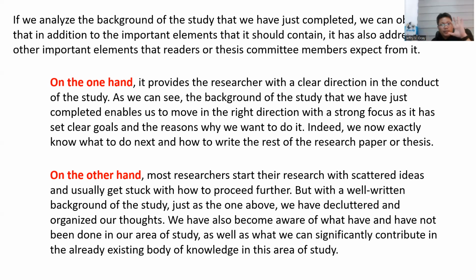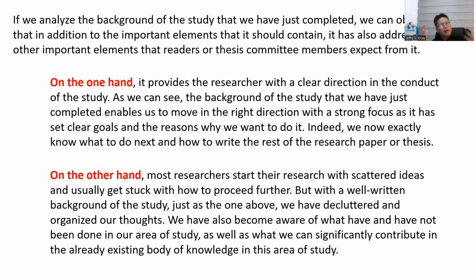So with a clear goal and a problem and the reason why we need to do it and the justifications to our claim, then we can anticipate what to write in the next sections, like what literature to look for, what methodology to employ, what methods rather to employ.